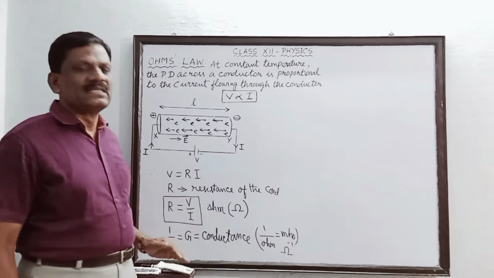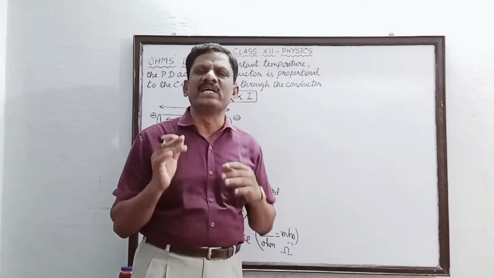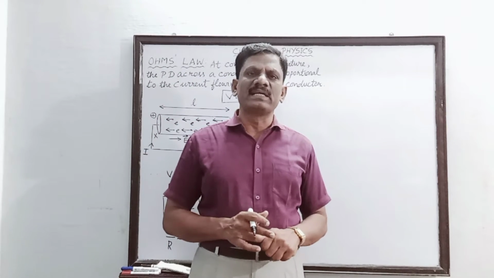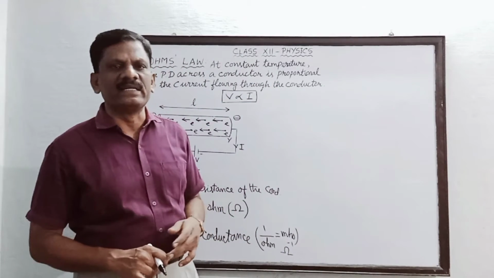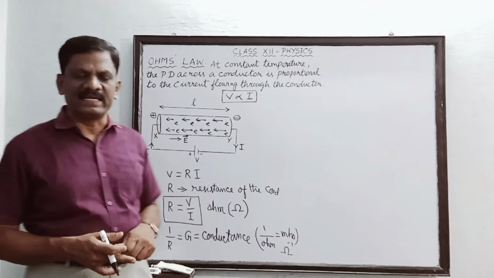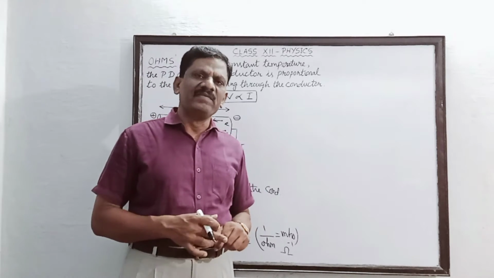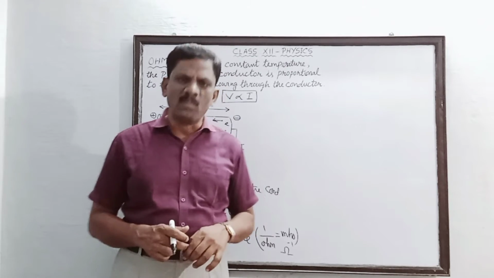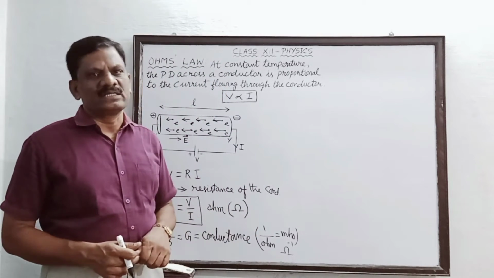So resistance is defined as the ratio of the potential difference across the two ends of the conductor to the current flowing through the conductor, and its SI unit is ohm. And the reciprocal of the electrical resistance is called the conductance, and it is having a unit equal to the reciprocal of ohm. 1 by ohm is also called mho or ohm power minus 1.